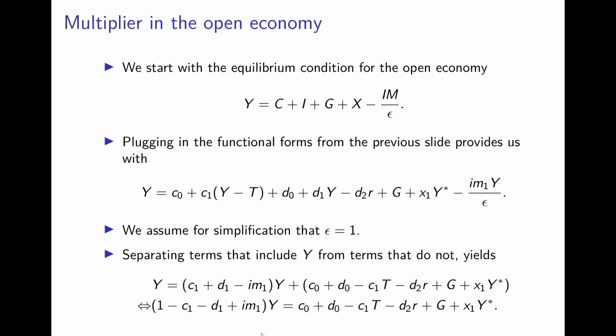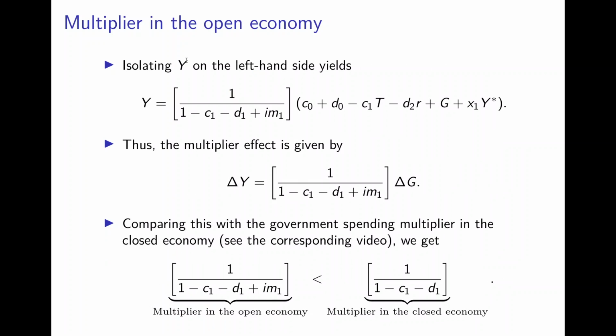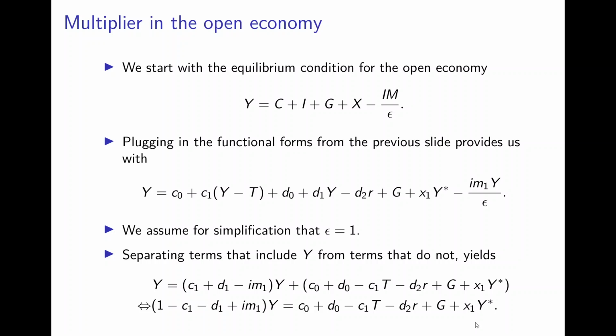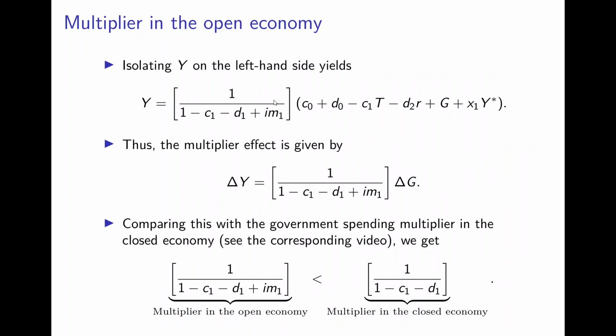And then we just divide the whole expression by the coefficient of domestic income on the left-hand side. And if we do this, we get this expression here, where we have what we had here on the right-hand side, divided by the term in squared brackets. And this term in squared brackets, as we already see, has the form of a multiplier effect.